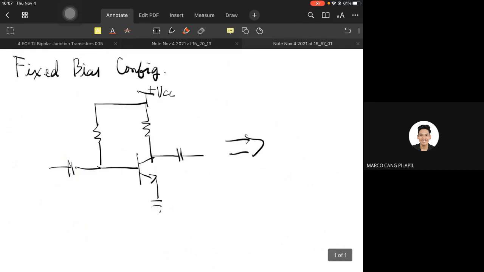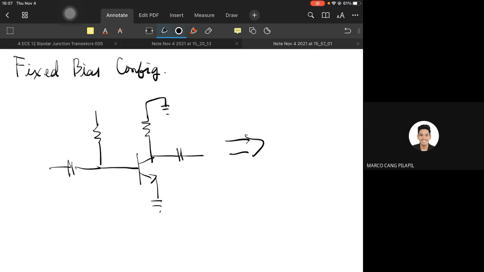You only have one DC source, the VCC, so let's short that one. Now RB and RC are connected directly to ground. For convenience, we can separate them. This is RB, and this is RC.